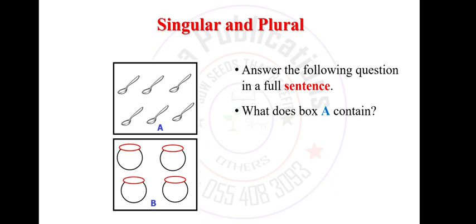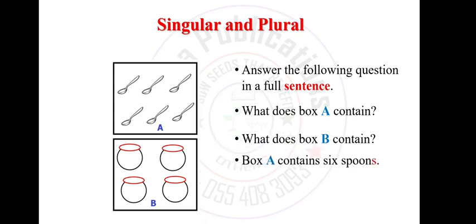So what does box A contain? What does box B contain? Okay, box A contains 6 spoons.